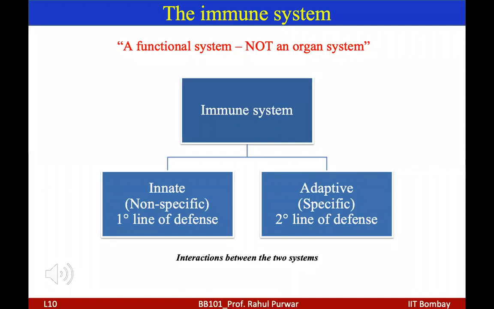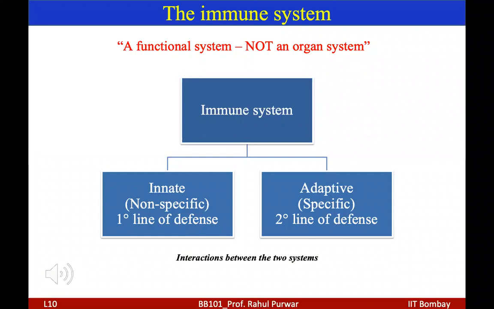The innate immune system you can also think of as non-specific, in the sense that it will not differentiate between different types of pathogen, such as bacteria, viruses, fungi, but we all have that first line of defense. For example, skin doesn't differentiate between different classes of pathogen, but acts as a first line of defense. So you can call it innate immune defense.